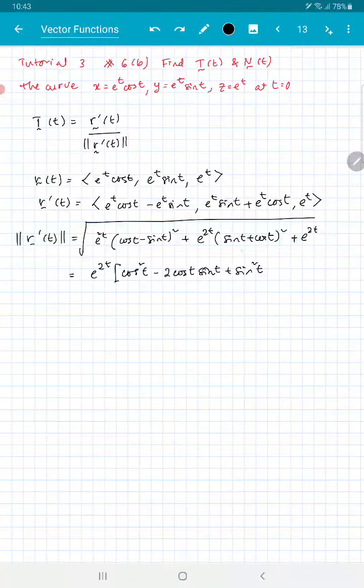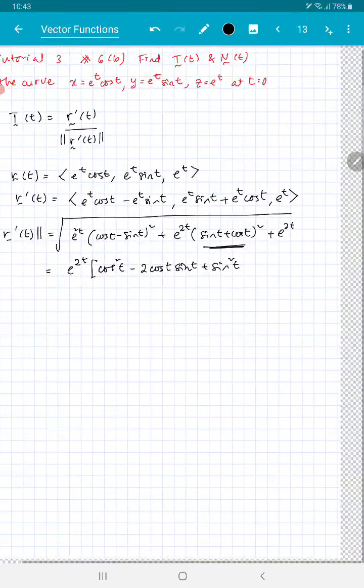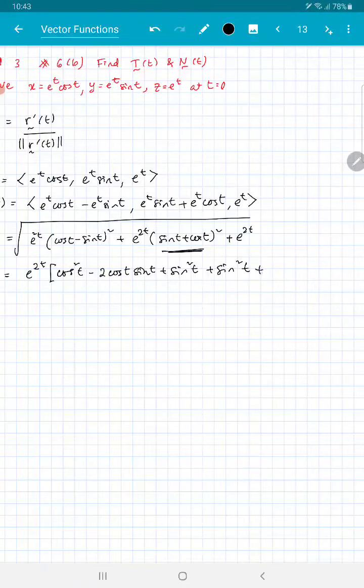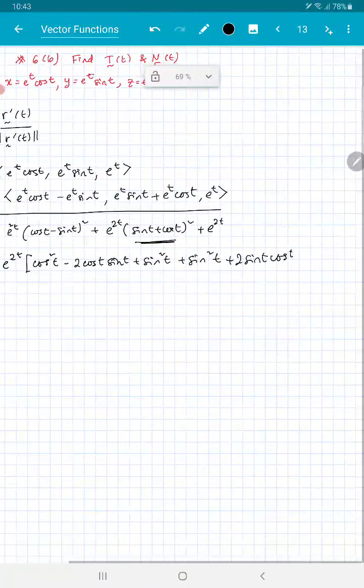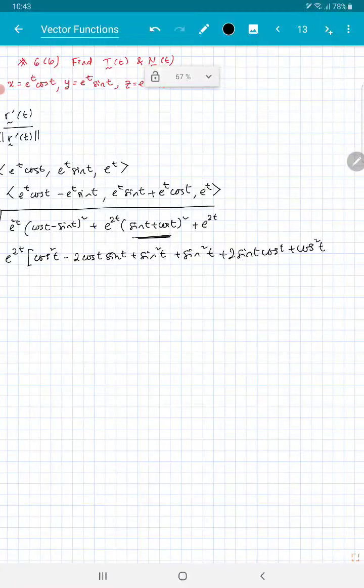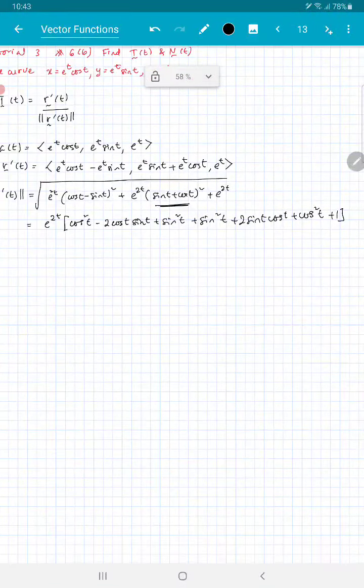Let's do the same for the second term: expanding (sin t plus cos t) squared, we get sin squared t plus 2 sin t cos t plus cos squared t. And here we have plus 1. It's a long one. Then take the square root of this.